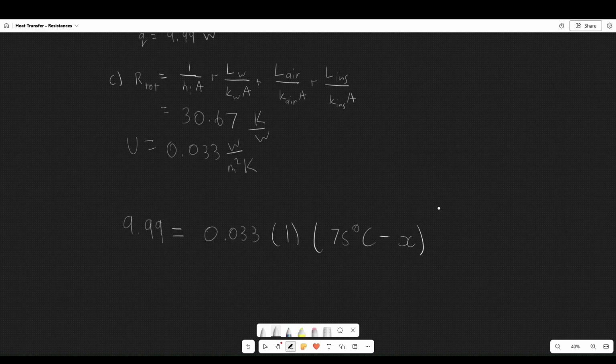And then we subtract and we get X is equivalent to 45.4.